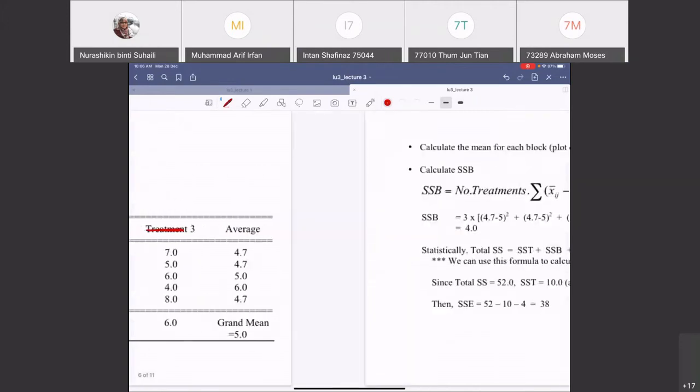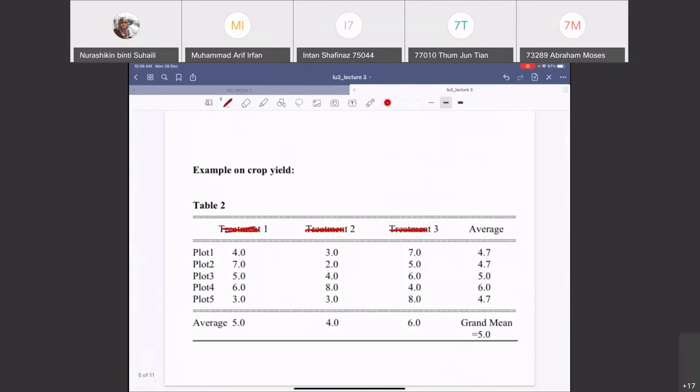I don't have the question over here, but you have to analyze it, because the primary aim of the statistical analysis is to compare the samples first, and after that you compare the blocks.